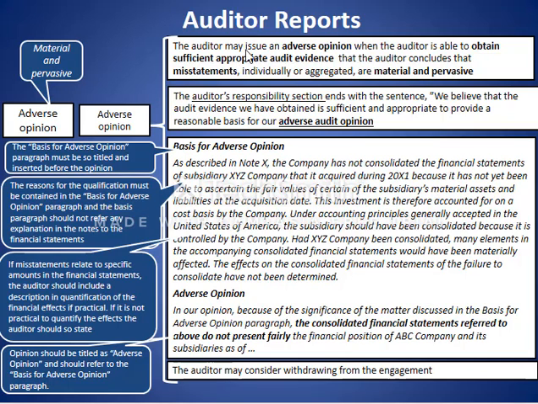The auditor may issue an adverse opinion when the auditor is able to obtain sufficient appropriate audit evidence. In other words, the auditor has the evidence and concludes that the misstatements, individually or aggregated, are material and pervasive.